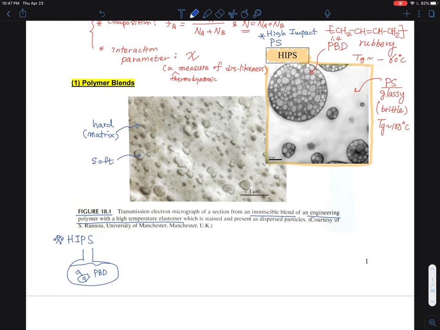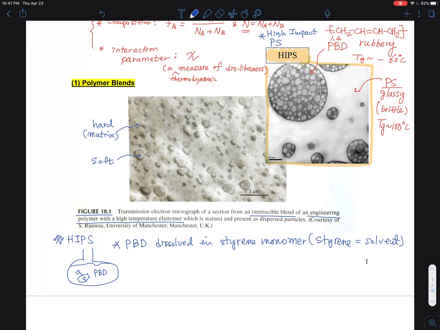You just put them in, and then essentially 1,4-polybutadiene dissolves in styrene monomer. In this case, styrene almost looks like a solvent here.